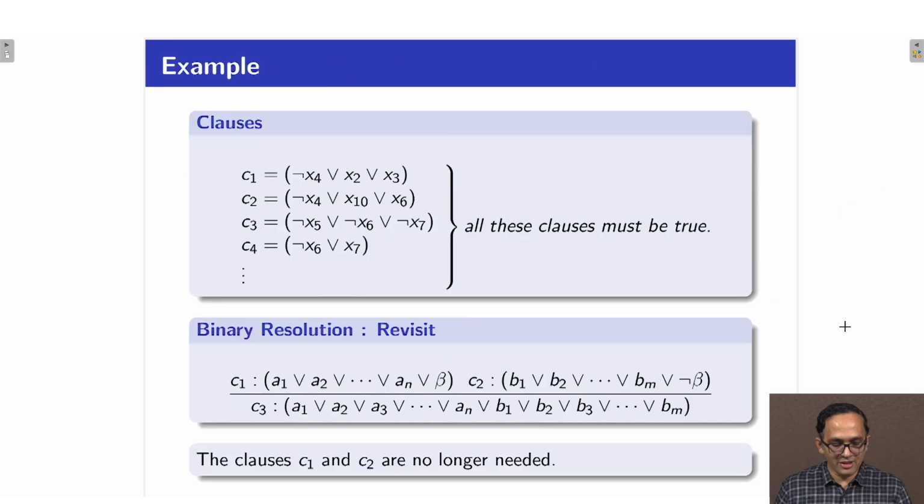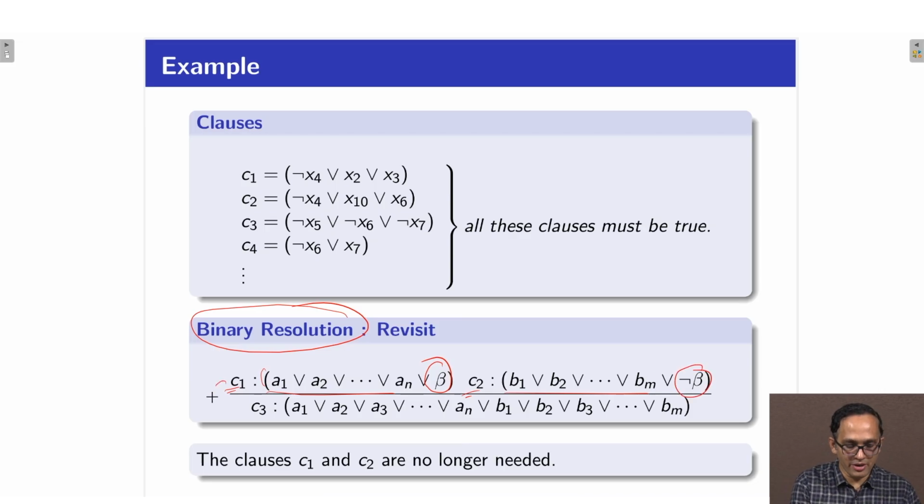I am saying that this can be done with binary clause resolution starting from this conflict node. Just to recap what binary clause resolution is: you have two clauses C1 and C2 which have other literals A1 to AN and B1 to BM, but specifically you have one literal beta here and not of beta here. And binary clause resolution says that you can combine these into a new clause C3 where I can remove this beta and not beta, because they will eventually not impact the final decision, which I have already discussed in the previous class.